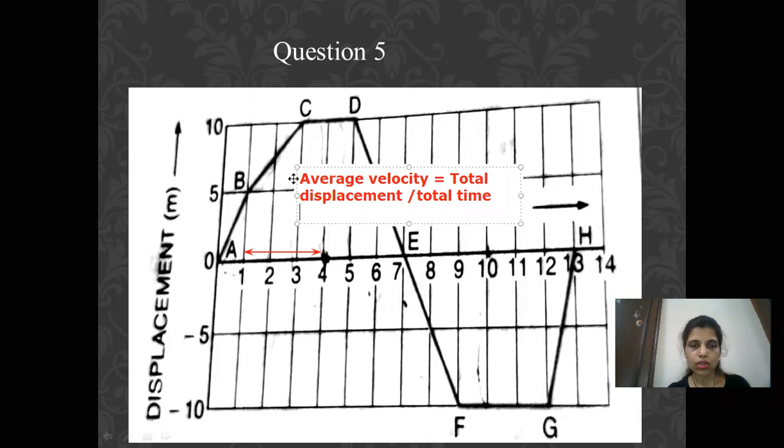That will be equal to total displacement, if you see, is 10. You can see that at 4 it's reaching over here, and it is 10 because it is constant. So 10 meter you have to say. So 10 divided by total time, it is 4, because first 4 seconds.